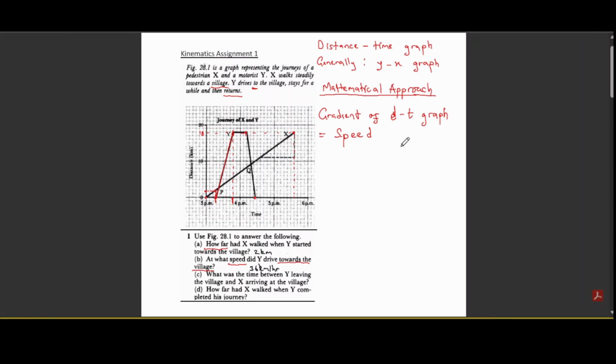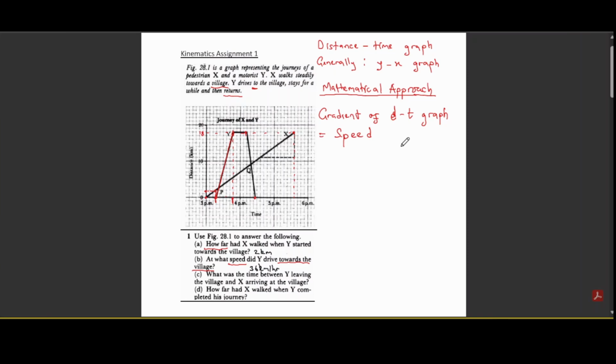So your mathematical approach is the gradient, but what about the gradient? The gradient of a distance time graph is speed. It is specific to the distance time graph.